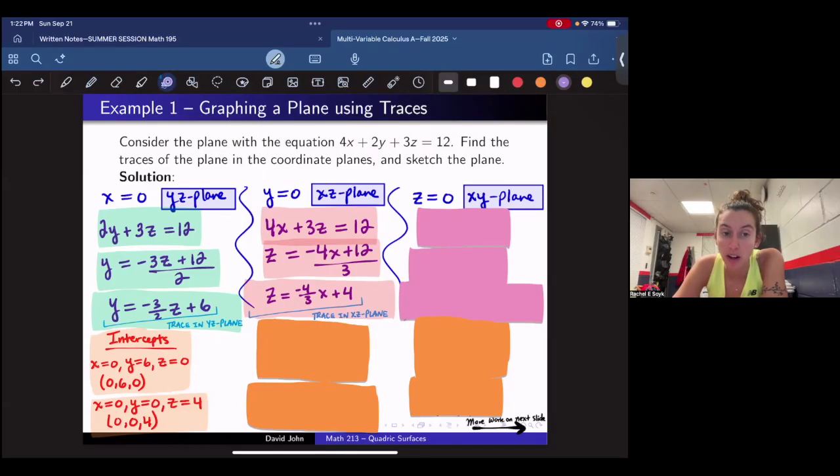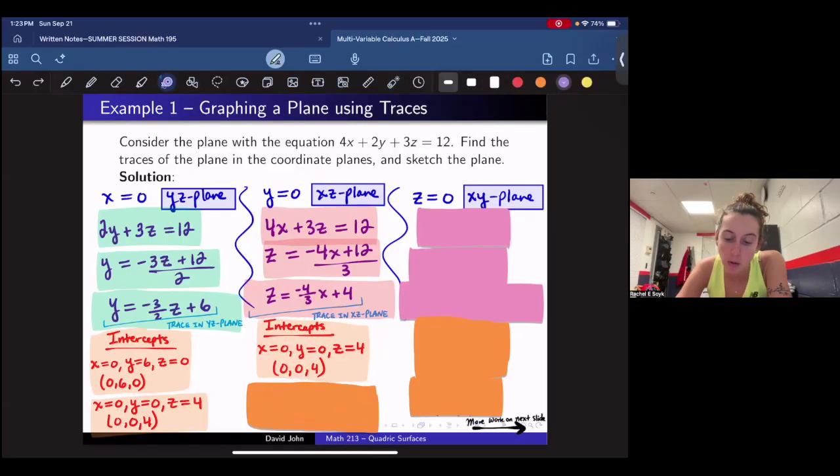Again, now let's find some intercepts so that we can really get a visual of how we can sketch this out. And so why don't we first let x be equal to 0? Y is always going to be equal to 0 in this second column when we're dealing with our xz plane. So plug in 0 for x and we get z as 4. So we once again get 0, 0, 4.